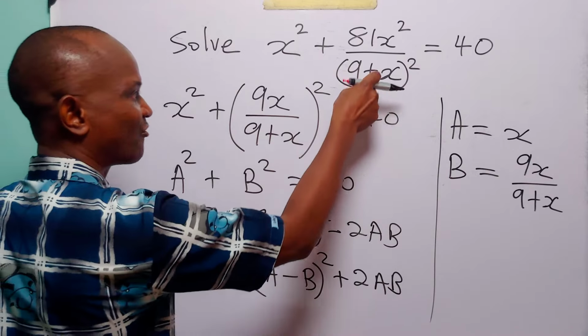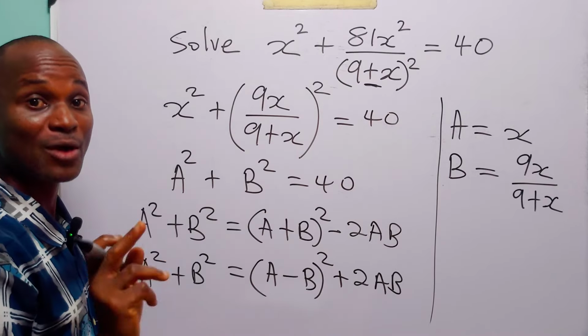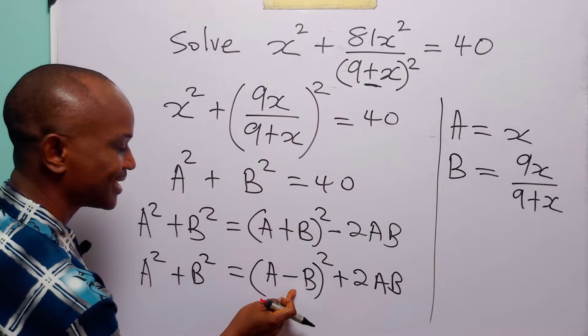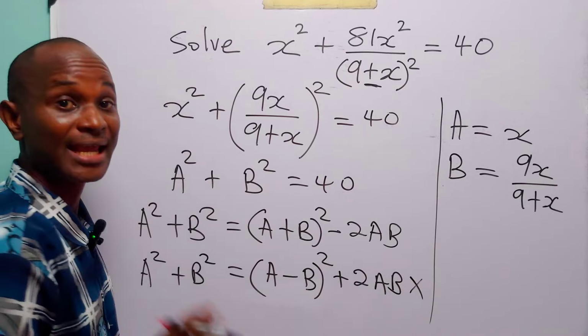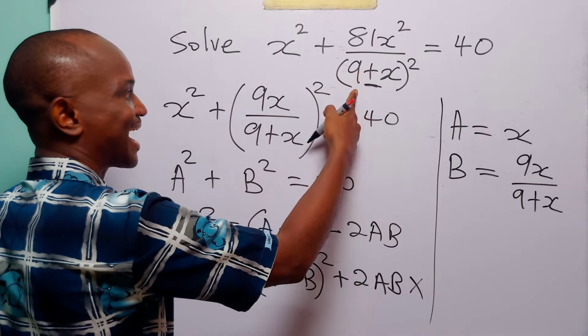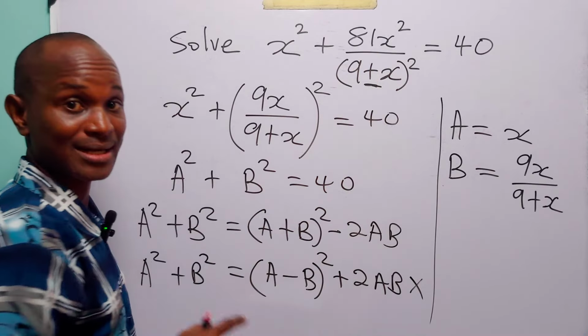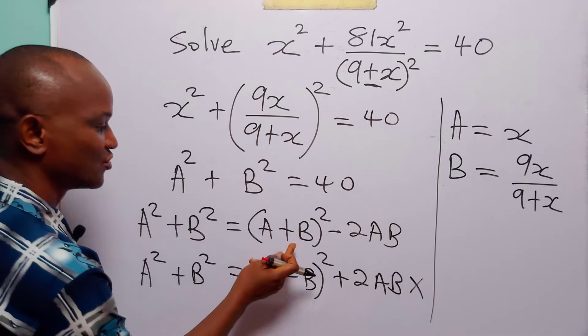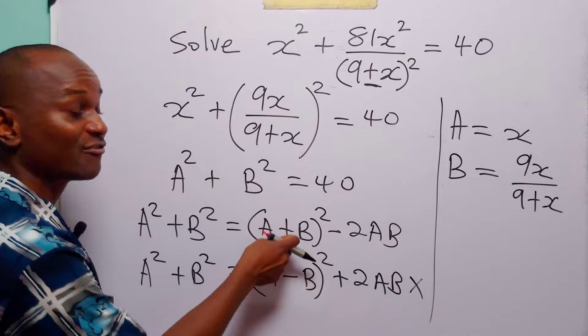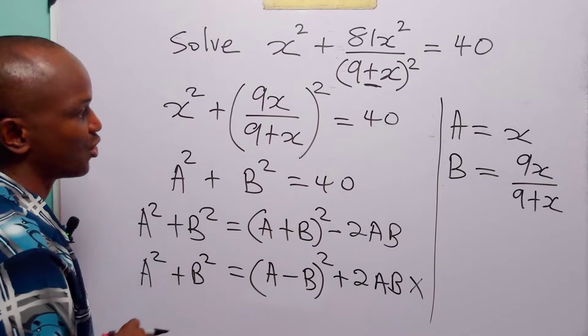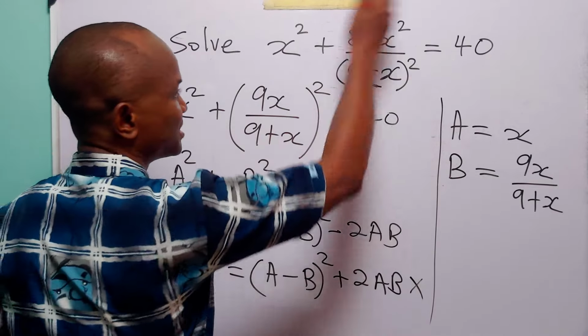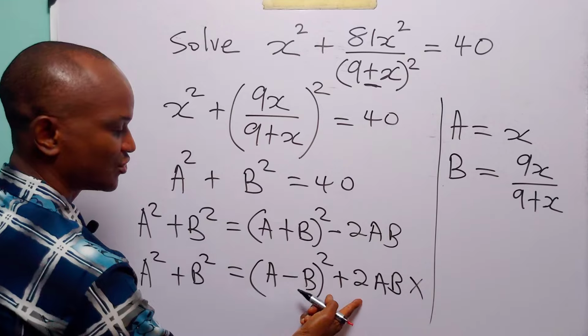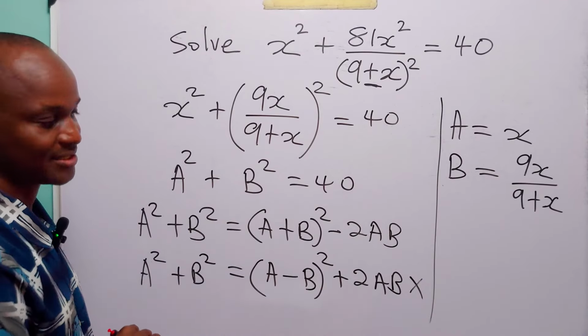For instance, here we have plus, so the identity that we are going to use is the identity that has minus. If this were 9 minus x squared, then the identity we are going to use is this identity, because here we have the opposite sign, which is plus. So to transform this equation, we are going to use the second identity.